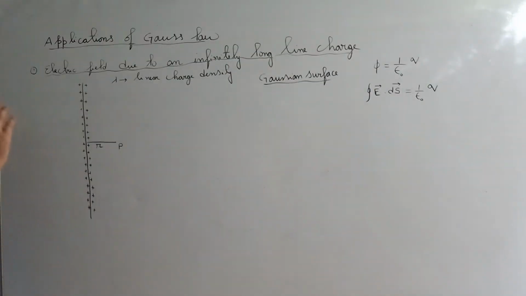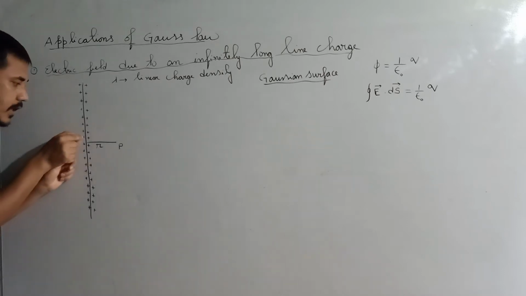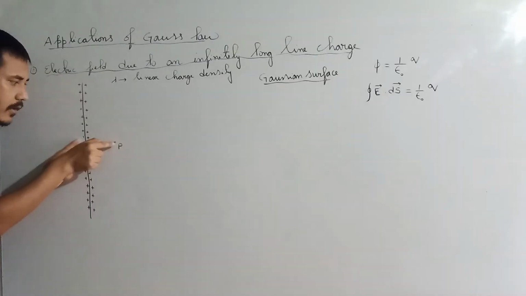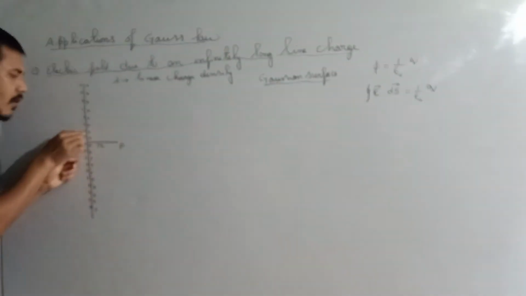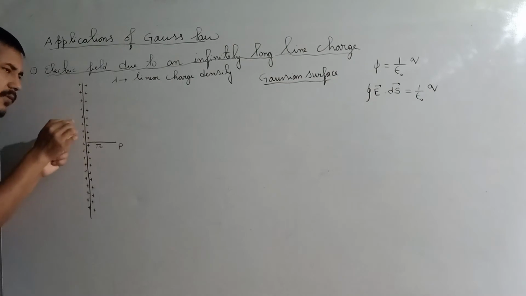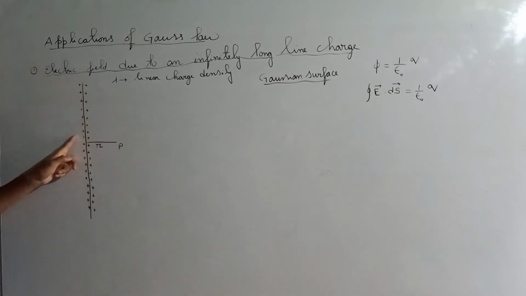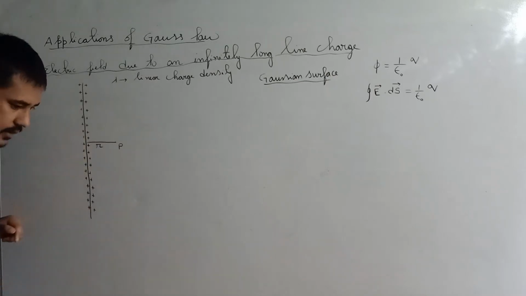You need to draw such a closed surface so that the distance from the line charge to the surface will always remain the same. Is it okay?